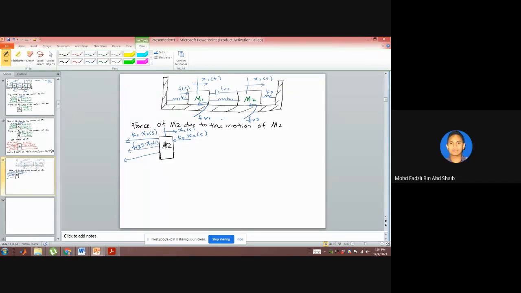Don't forget about the friction. FV2 times s times X2 s, right? Finally, we have M2 s square X2 s, right?